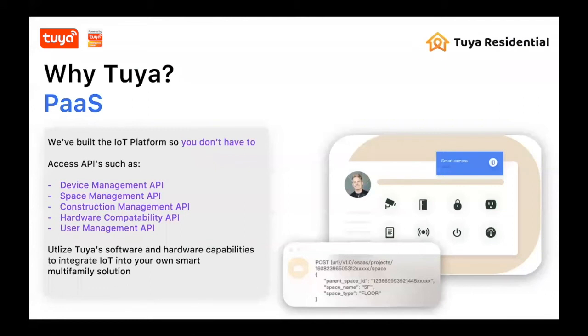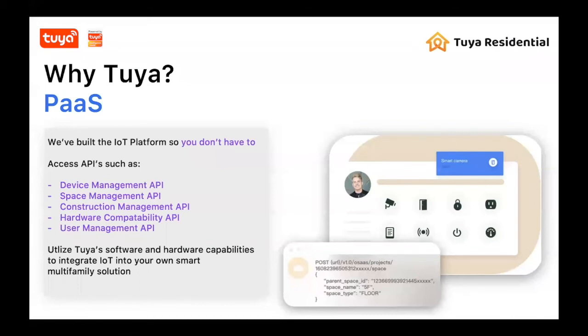The key takeaway here is that we've built the IoT platform so you don't have to. We've specialized in bringing the world onto one smart IoT platform through developing our own software capabilities. These capabilities are now available to integrate into your existing platform. Whereas the idea of building your own IoT platform with the necessary hardware and software may have seemed like a daunting, capital and labor-intensive endeavor, we are now primed to make this a reality for you.